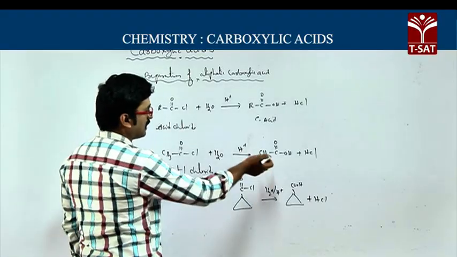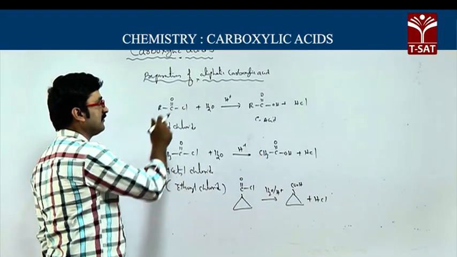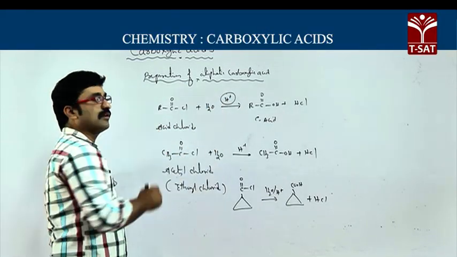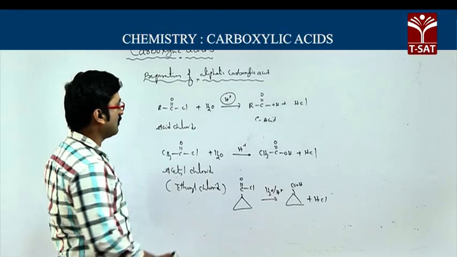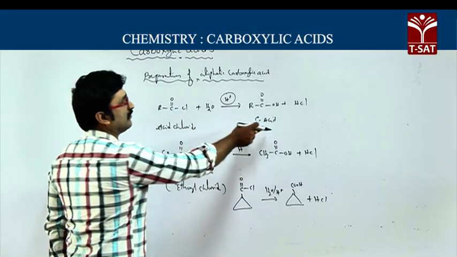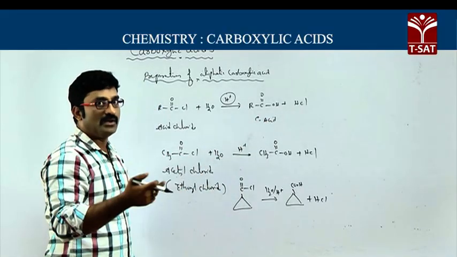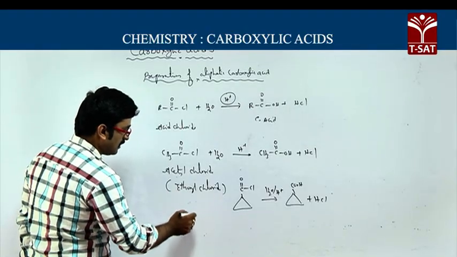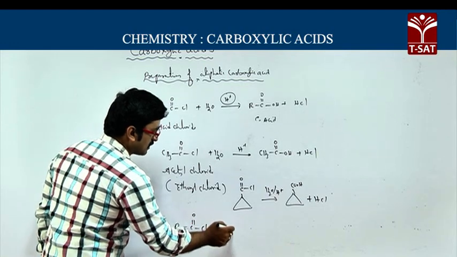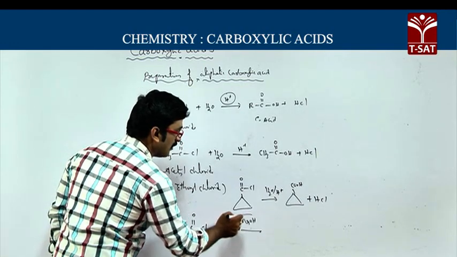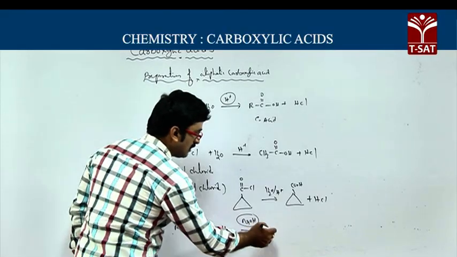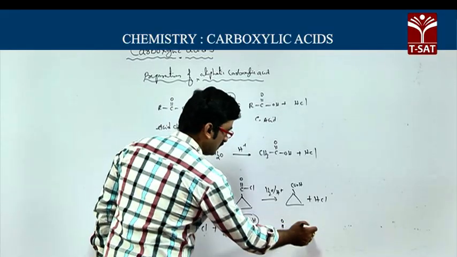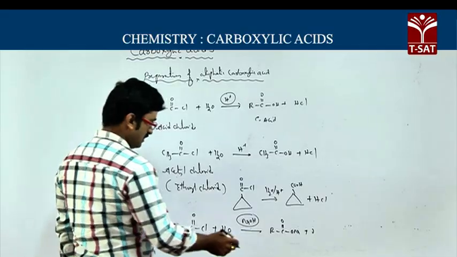Next we will go for hydrolysis of acid chlorides in the presence of a base. If the hydrolysis of acid chlorides or acid halides is carried out in the presence of a base, we won't get carboxylic acid, we will get carboxylate ion or salt of carboxylic acid. For example, say RC double bond OCl on hydrolysis in the presence of NaOH, a base, you will get RC double bond ONa plus, a salt, and HCl.